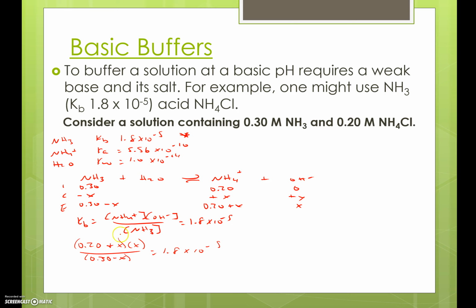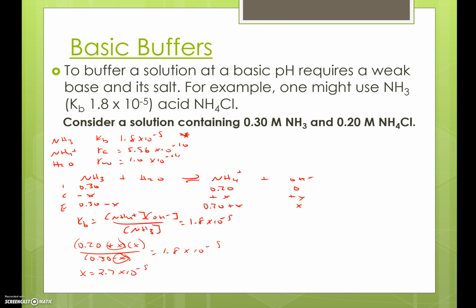But since our K value is small, we're going to assume that these X's are insignificant. Now we need to multiply both sides by 0.30, divide both sides by 0.20, and we'll be able to solve for X. So X is going to equal 2.7 times 10 to the minus 5.